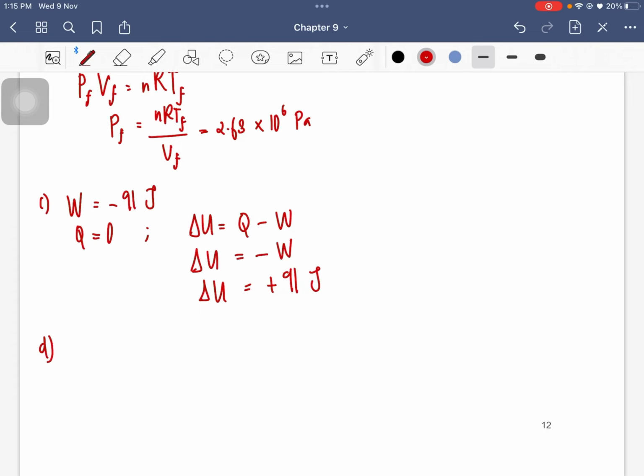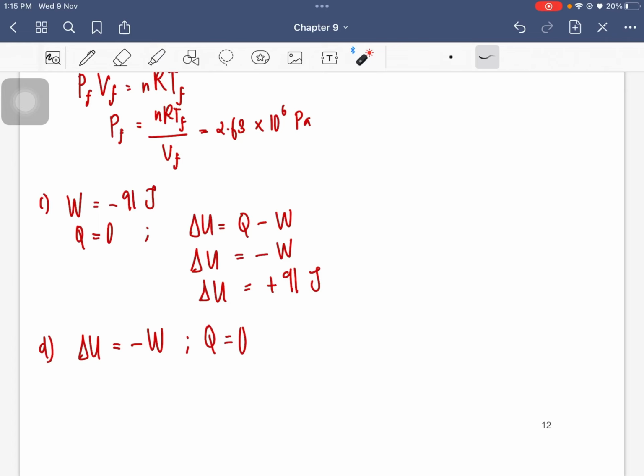Yes, it is compression. So we know our first law of thermodynamics becomes delta U equal to negative W because Q is equal to 0.